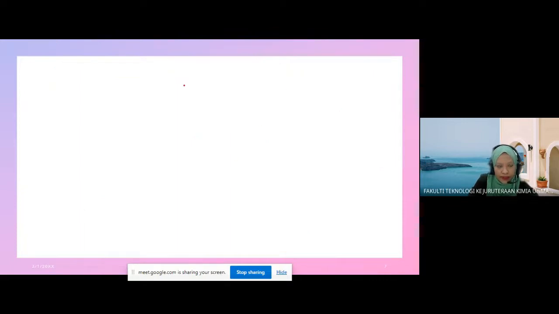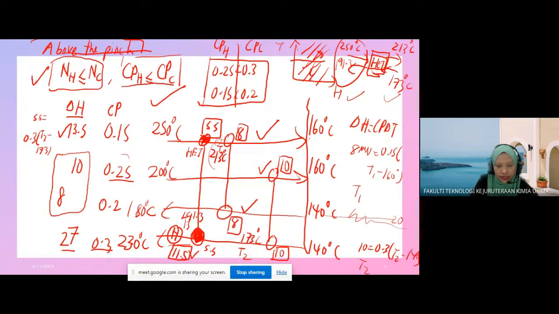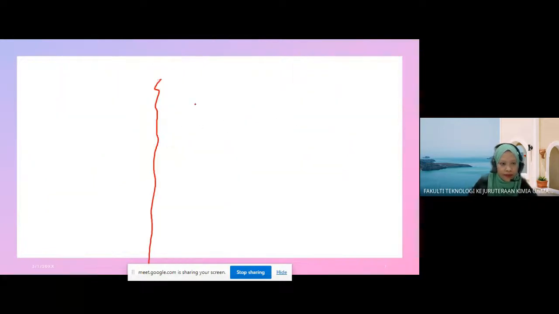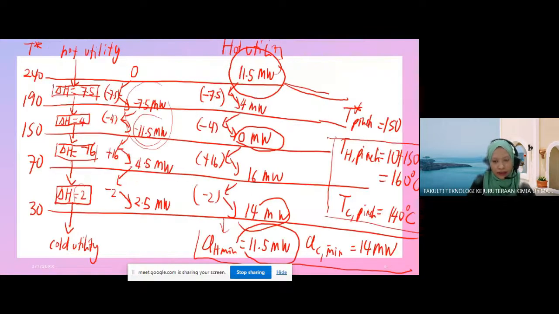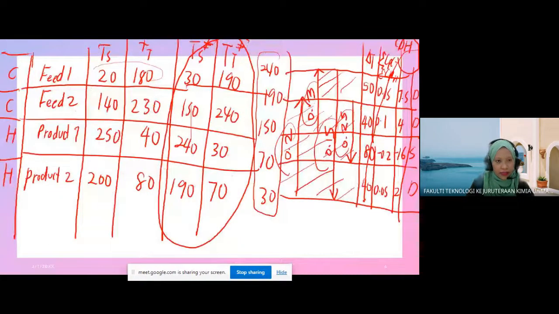You proceed with the area below the pinch. Okay, so 160, 160, 160. This is the hot T pinch, and then 140 and 140. Now, what is the stream that is located below the pinch? So hot stream number 1 is from your T pinch to 40, and then number 2 from the pinch to 80.